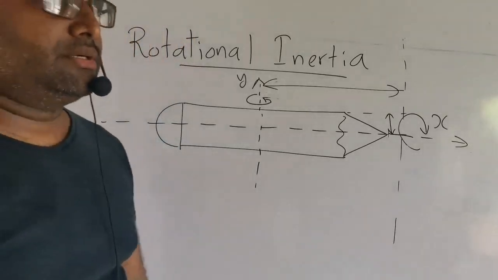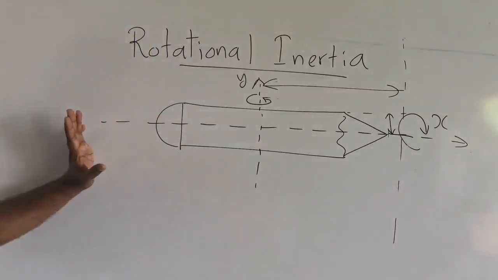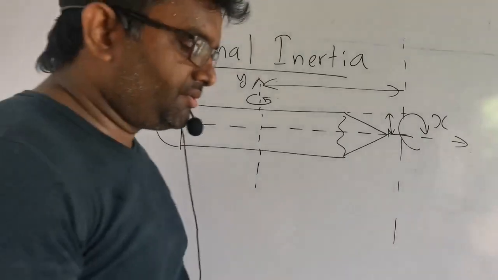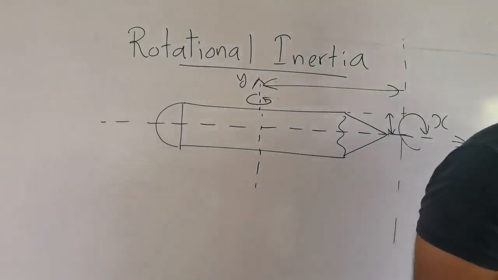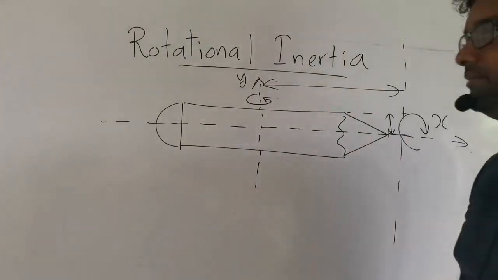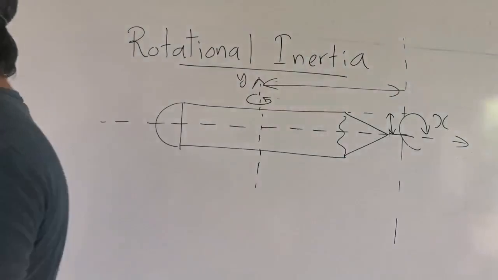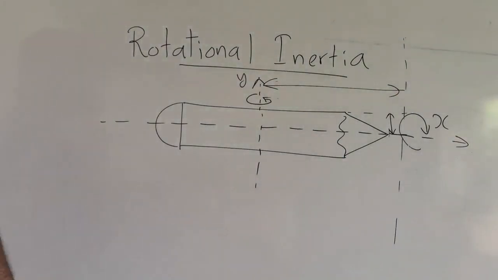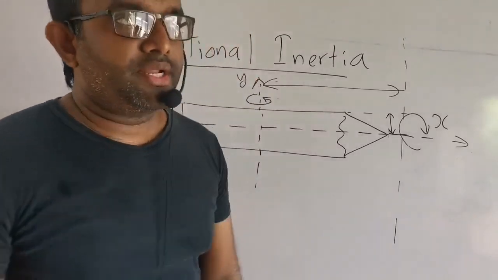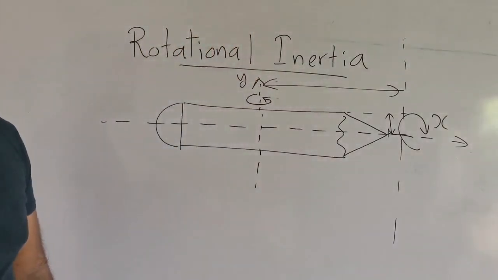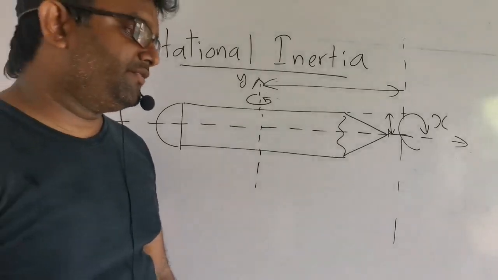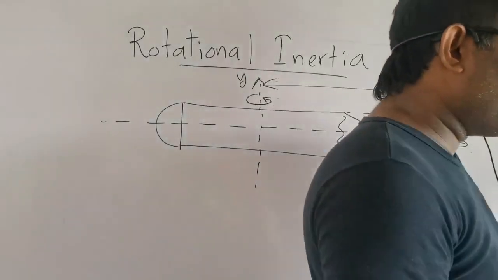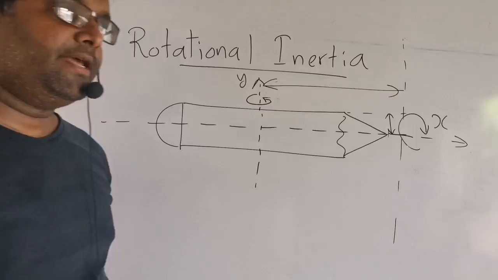Okay, first copy down this diagram, after that write down: when we rotate the pencil about two axes, it is difficult to rotate about the y-axis than the x-axis.